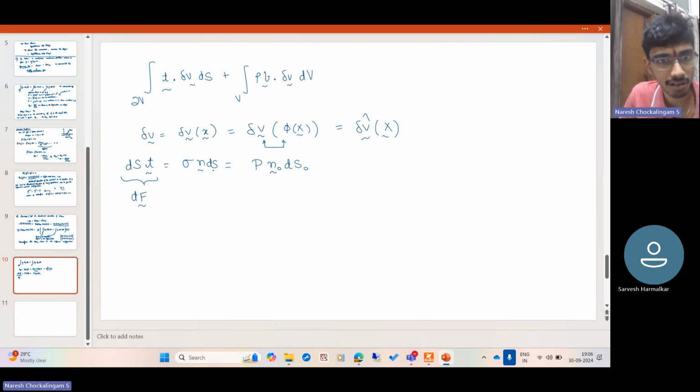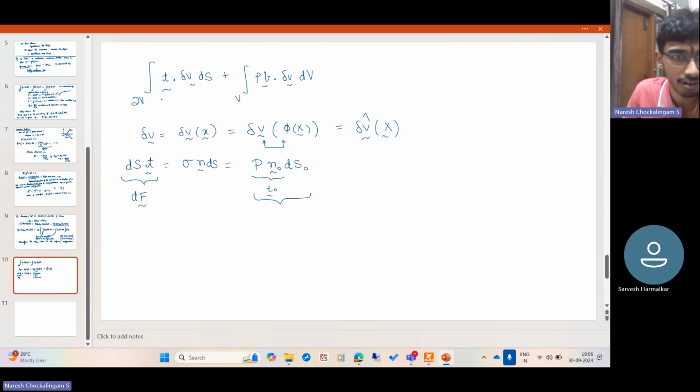You can use the Piola transform and make this the first Piola-Kirchhoff stress tensor times n naught, which will give you t naught, the traction per unit undeformed area, and multiplied by the undeformed area, you get this.